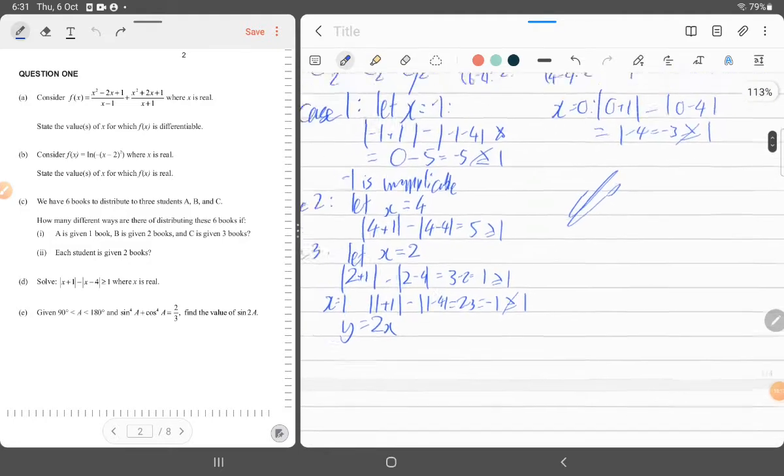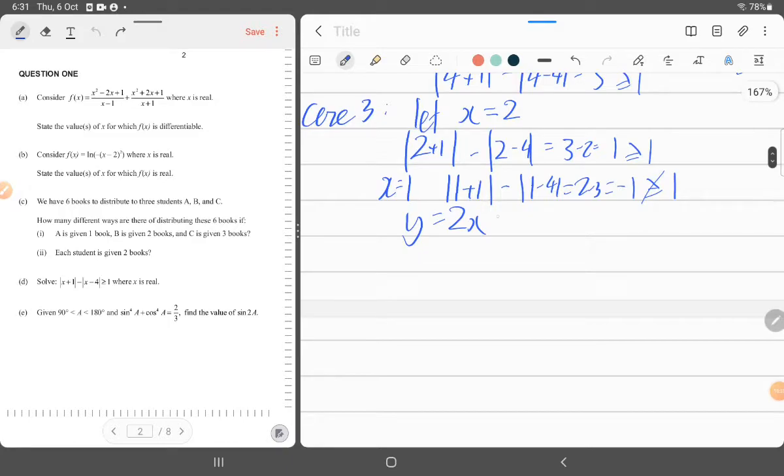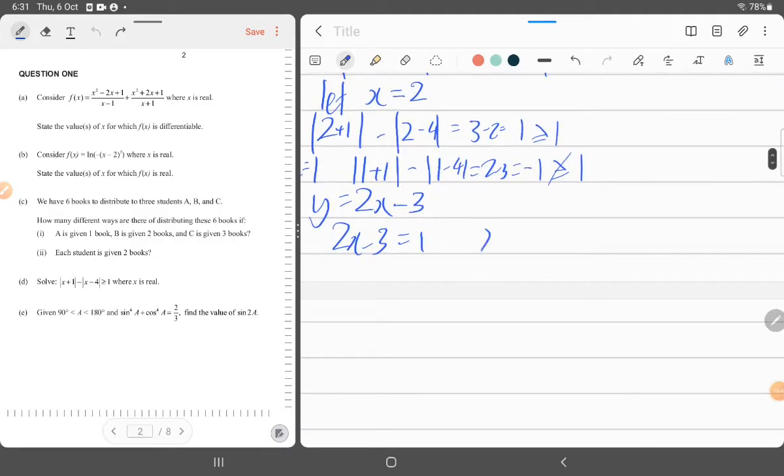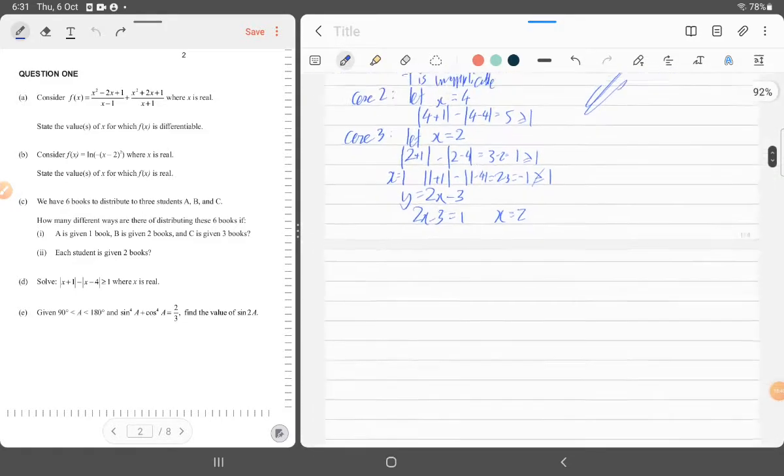So y is equal to 2x take away 3. Since it will linearly increase, 2x minus 3 is equal to 1, and so x is equal to 2, and for any values above 2 it will just continue to increase positively.